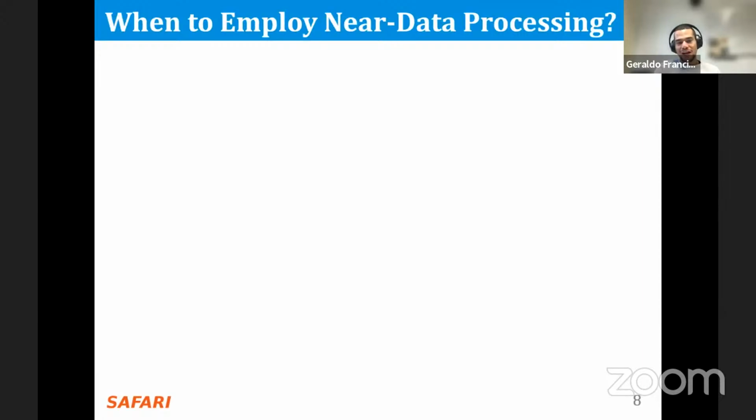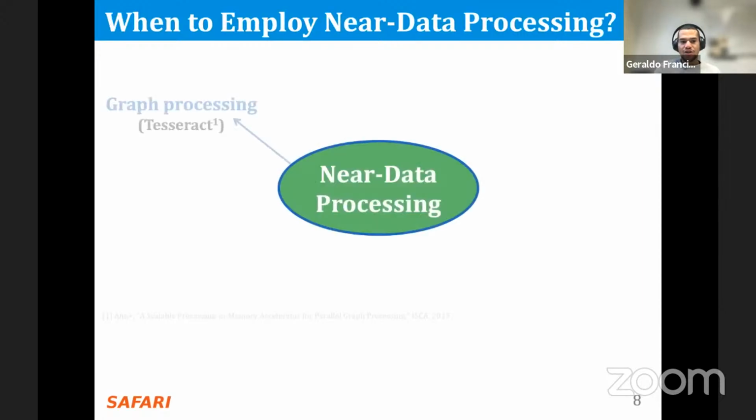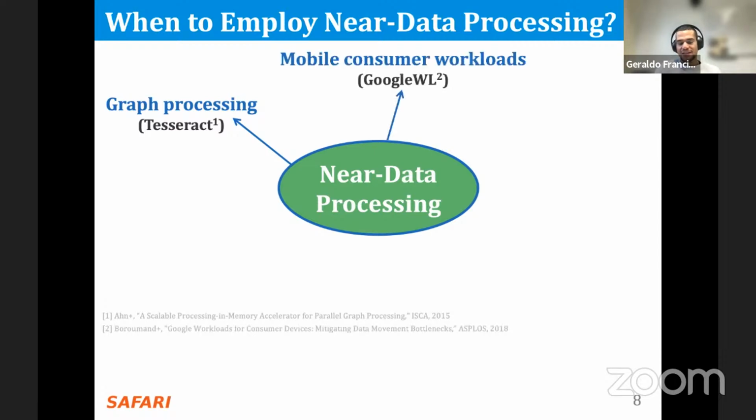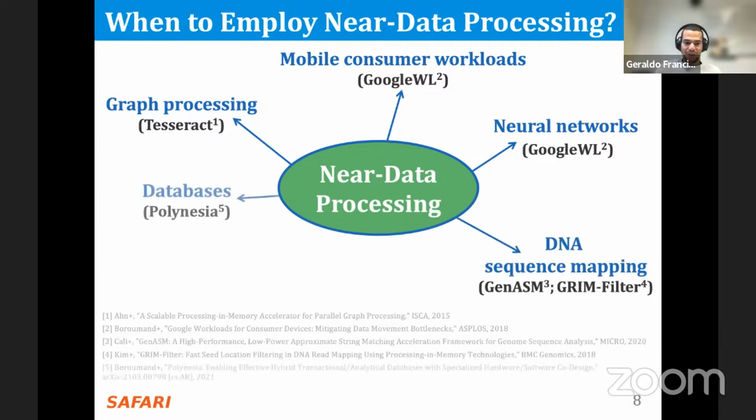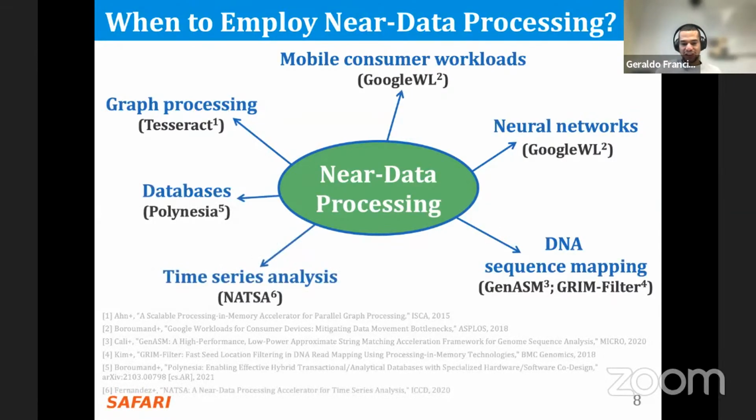So then the question becomes: when to employ near data processing systems or architectures? As the previous slides have shown, near data processing can be either general purpose or for a particular workload. There are many works in the literature that apply near data processing for different application domains. For example, graph processing, mobile consumer workloads, neural networks, DNA sequence mapping, databases, time series analysis, and much more.